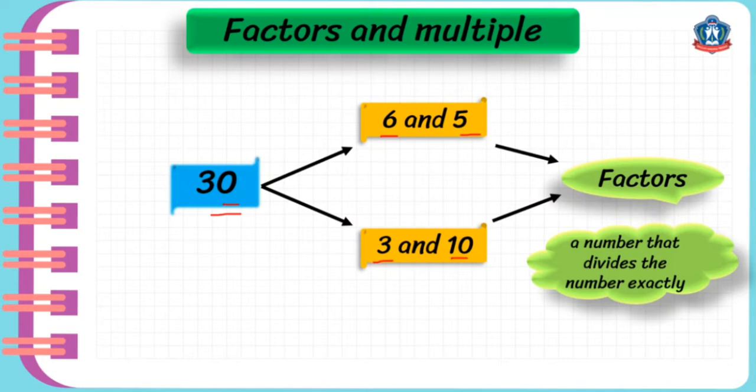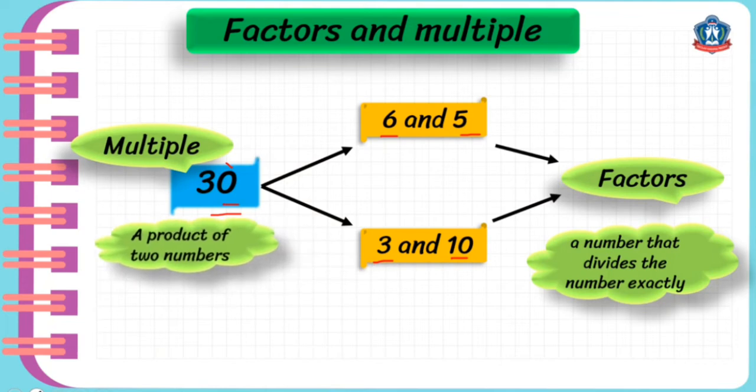So factors are numbers that divide the number exactly. How about the 30? The 30 is what we call a multiple. A multiple is the product of two numbers. Okay, let's discuss more about factors and multiples.